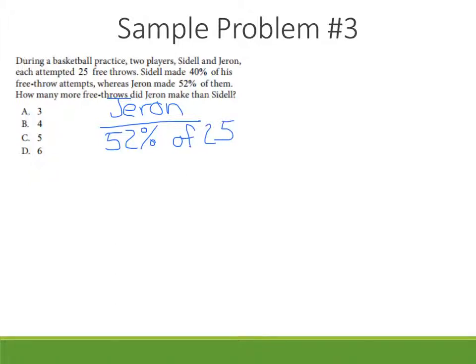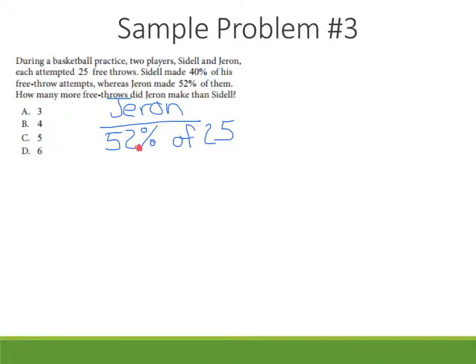Now, to change this into a good mathematical expression, we're going to have to change some things around. First, we want to express 52% as a decimal. To do that, we're going to have to move the decimal over 2 places to the left. Now, you might be saying, well, there's no decimal within 52. Well, when we have whole numbers, we imagine it to be here to the right.